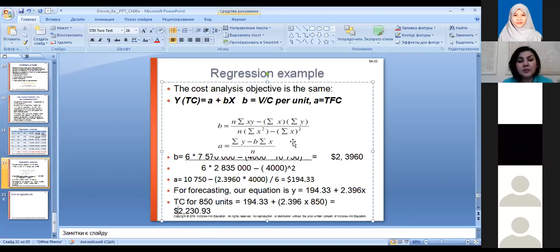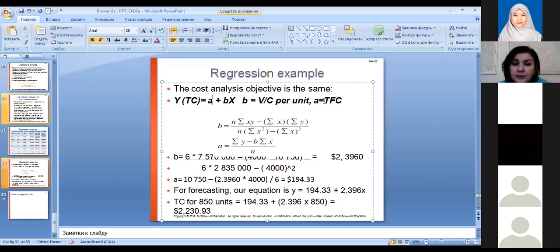So you see that it is very useful to use regression analysis or the high-low method. But just keep in mind that total cost may change, and especially pay attention to fixed cost.